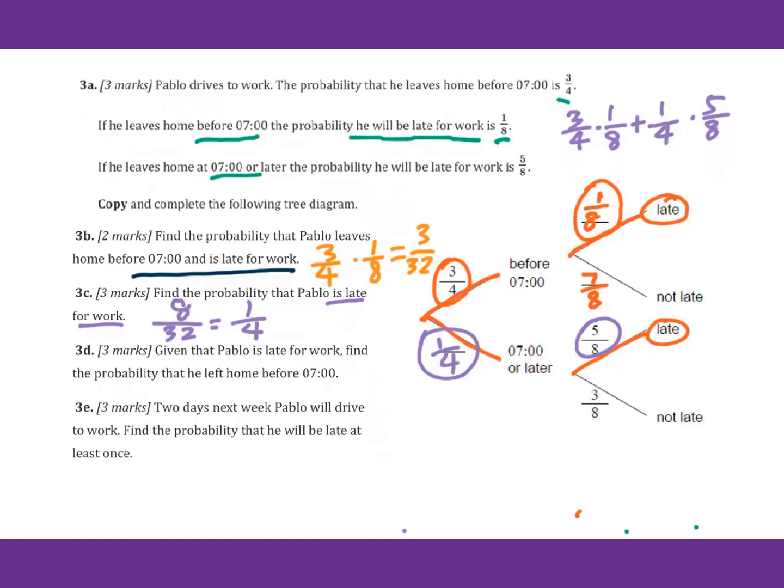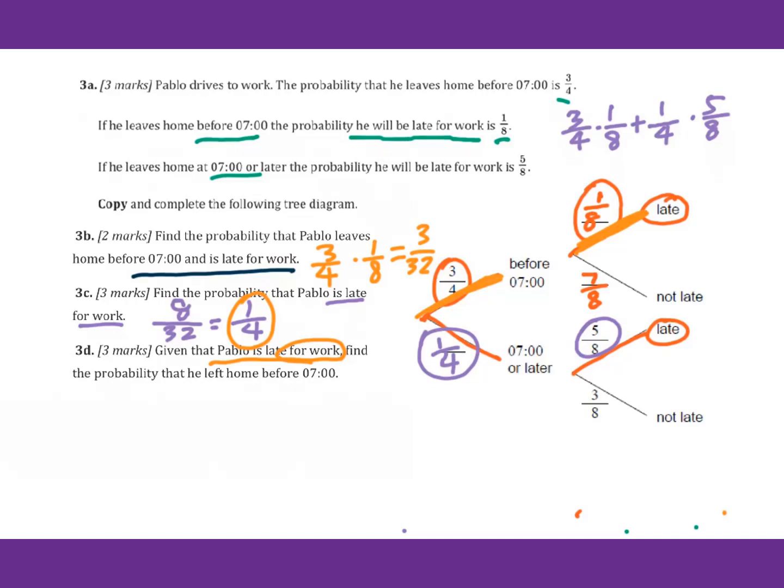Let's go to 3D. Given that Pablo is late for work, which means this one is the denominator. Find the probability that he left home before 7 o'clock. Before 7 o'clock will be this one. Given that, which means the probability Pablo is late for work is the denominator.